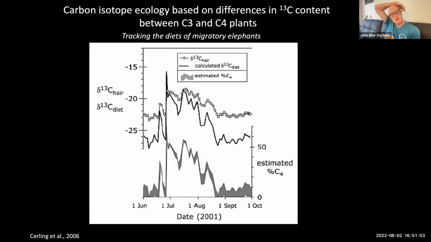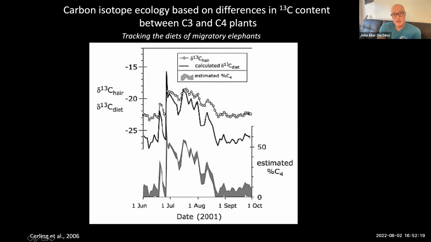So how do we use these sorts of signatures as tools? Here's an example from ecology where we're studying the diets of migratory elephants. Anybody who's lived in a region that has elephants knows that they like to move around, and they'll eat a farmer's field if you let them, or they'll eat leafy plants in some seasons, grassy plants in other seasons, whatever's available. They move around a lot and their diet varies a lot over the year.